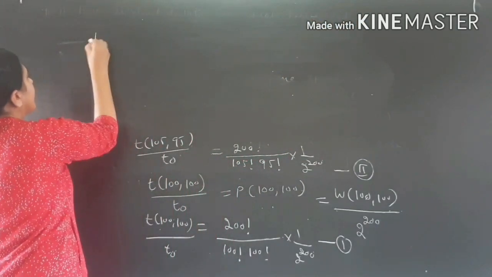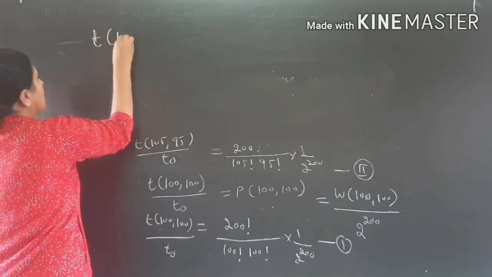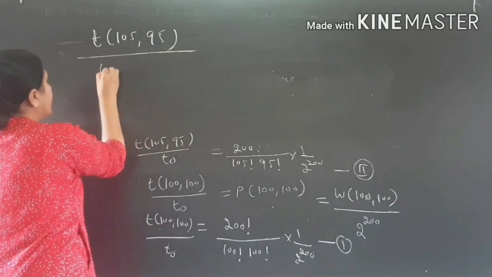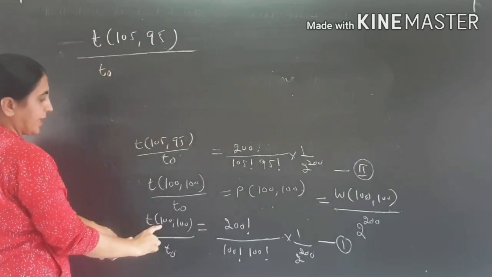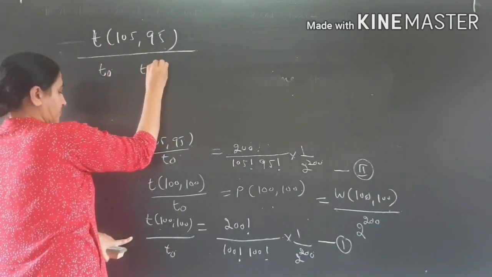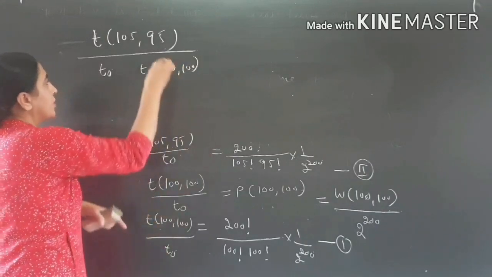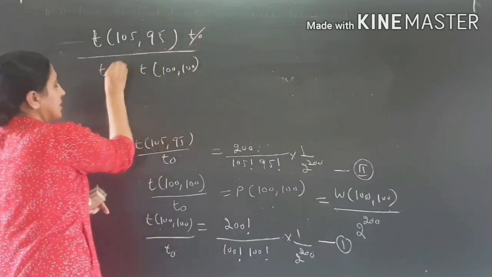T 105,95 divided by T0, divided by T 100,100 divided by T0. T0 goes with T0.